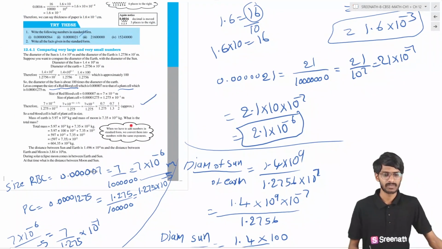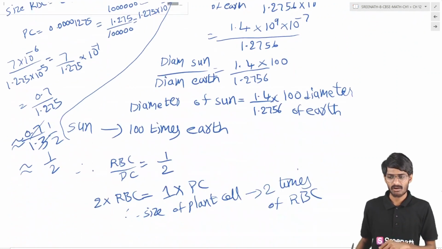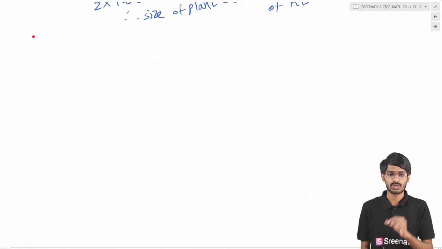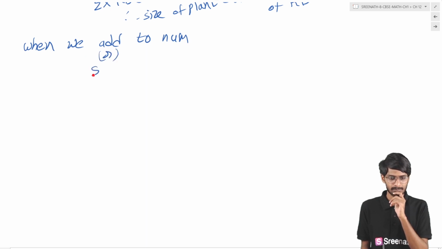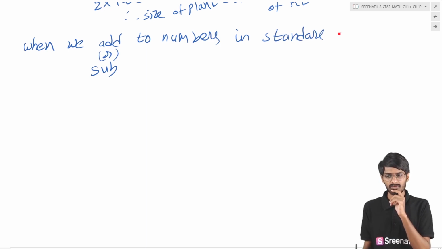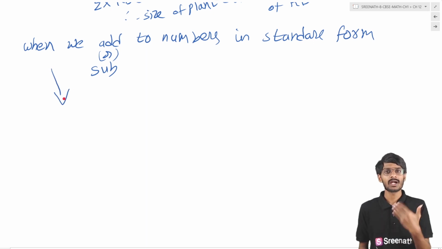Okay, students, approximately. So here the mass of earth is like that and mass of moon is like that, students. So what is the total mass? So in the case of addition or subtraction, one thing you have to do, when we want to add or subtract two numbers in standard form, what we have to do?